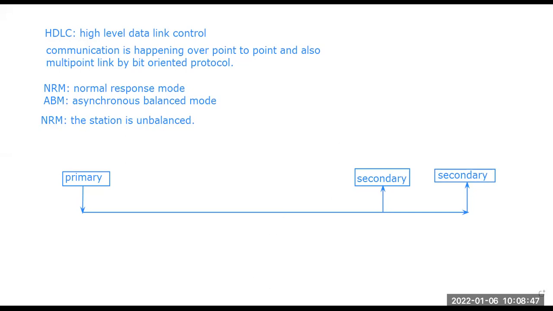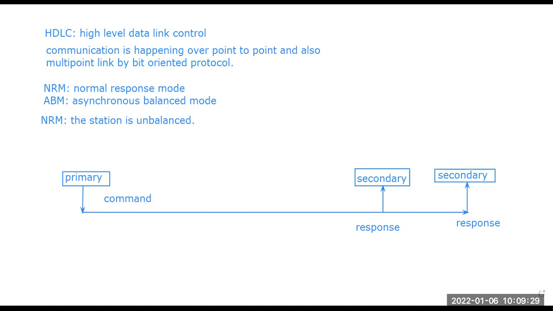How does the scenario go on? A command is sent from the primary station. The primary station sends some commands, and the secondary stations are going to respond to the commands coming from the primary station.